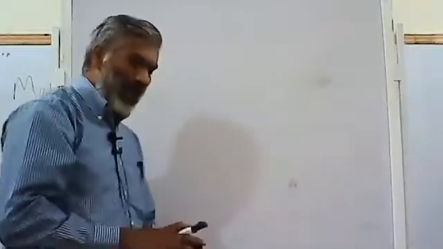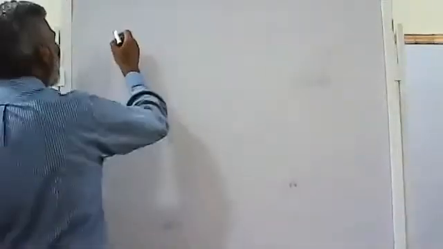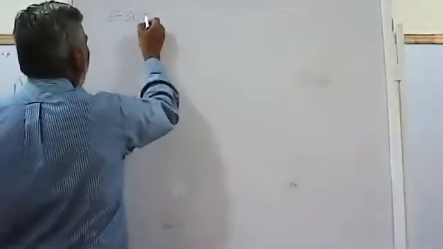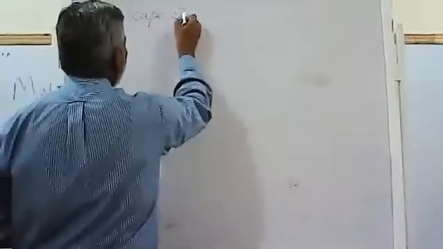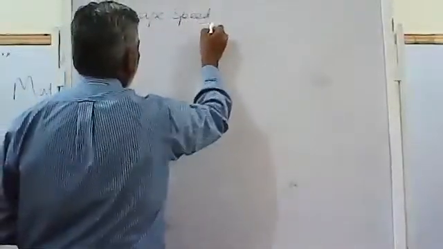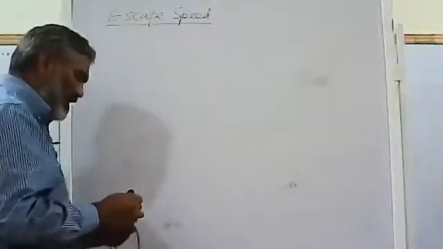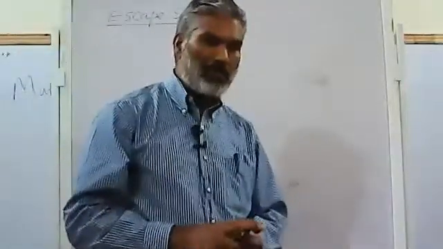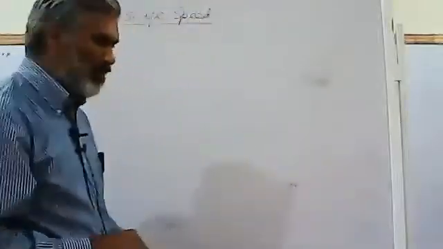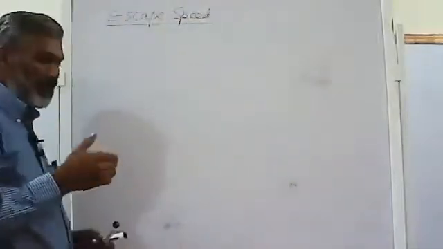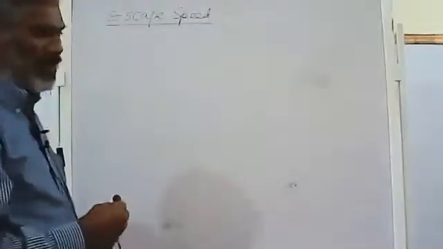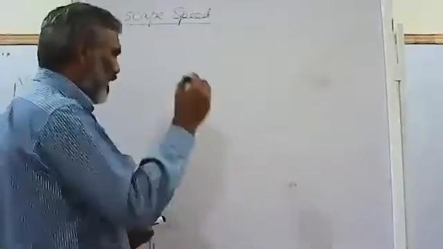One more thing we can add to our today's discussion is the idea of escape speed. Escape speed is the speed with which an object has to be thrown from the surface of a planet, so the object leaves the gravitational field permanently.